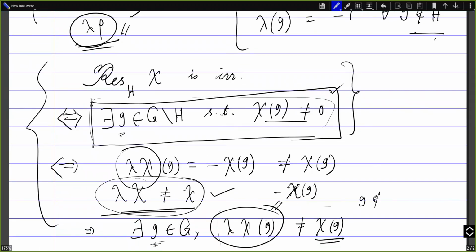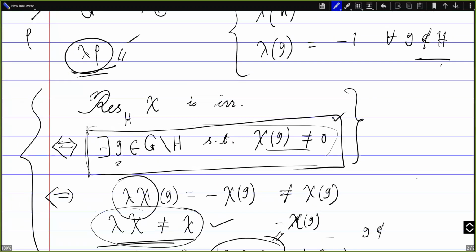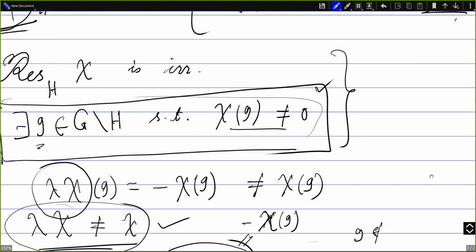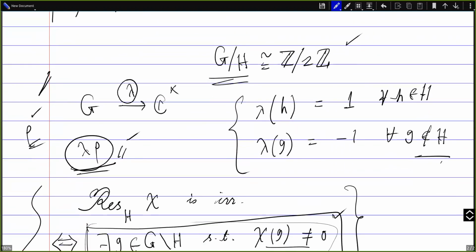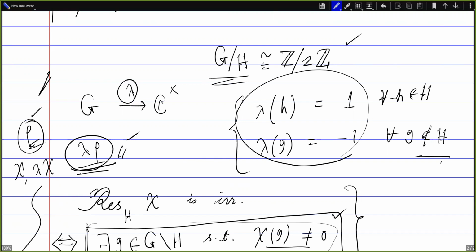What I wanted to talk about is not the representation as well, but mainly the character. Let me repeat. When we have a normal subgroup of index 2, and for any representation rho we take this lambda, we have rho and lambda rho, with characters chi and lambda chi.